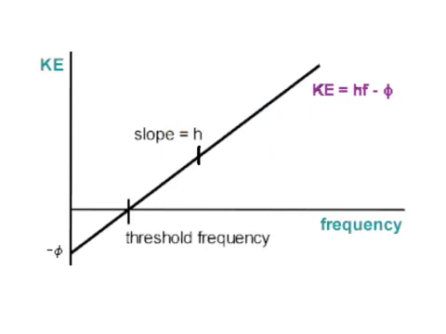If we plot a graph of the kinetic energy of the outgoing photoelectrons versus the frequency of the incoming photons, then we get a graph that should make a lot of sense. Remember our original derivation of the photoelectric effect: the energy of the incoming photons is equal to the work function plus the kinetic energy of the outgoing electrons.